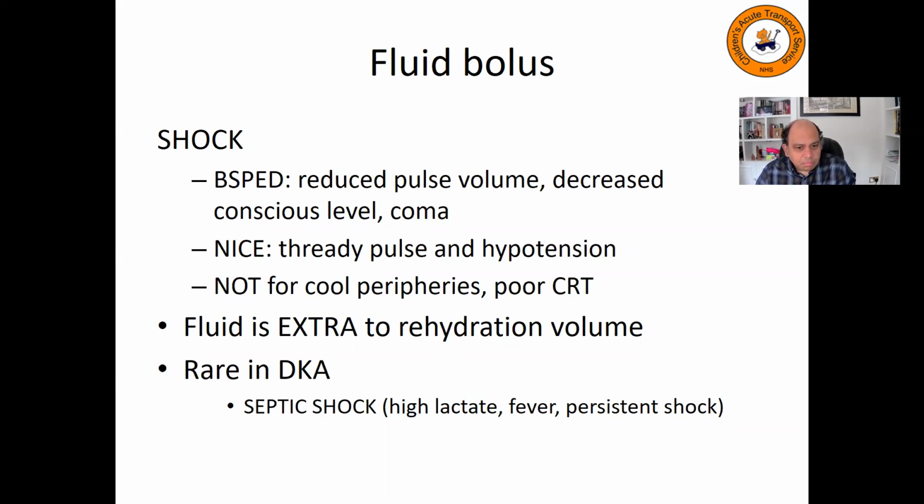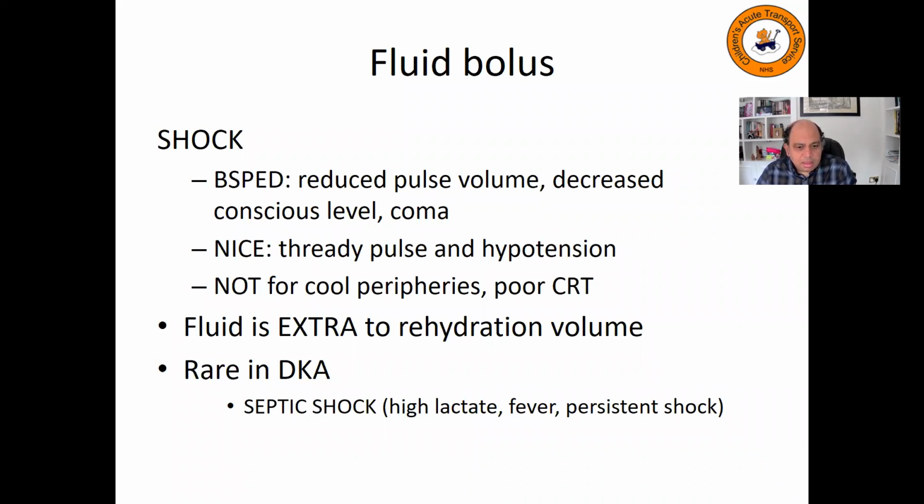Fever, which clearly is an indicator of infection, may be present in DKA, but is more likely to indicate septic shock if there's shock. And also persistent shock that isn't reversing or correcting, so weak pulses and hypotension that are not correcting or reversing as you would treat DKA normally. So a few tips to try and recognize septic shock. How common is that?